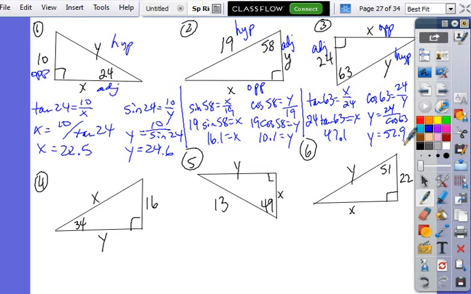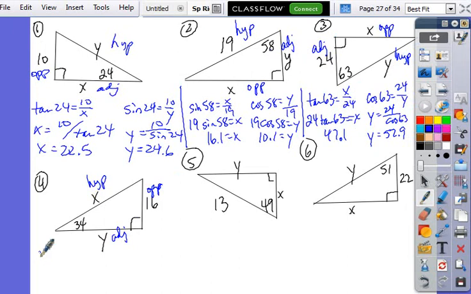All right. Number 4. There's my hypotenuse, opposite, and adjacent. So if I want to solve for X, which two sides? 16 is the opposite. X is the hypotenuse. Opposite and hypotenuse is sine.